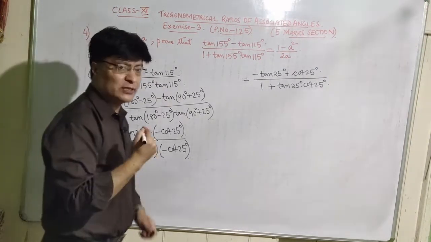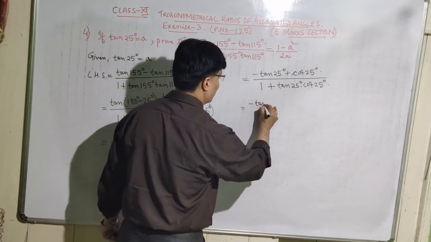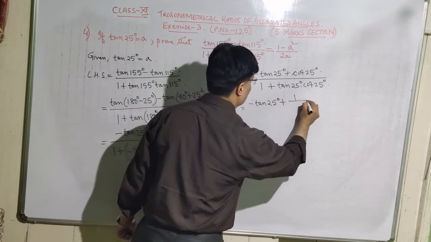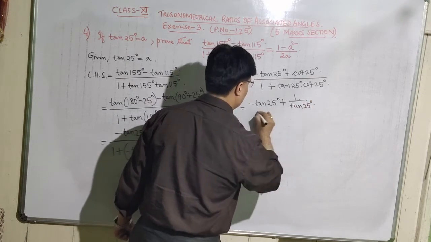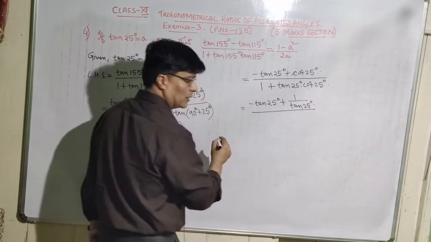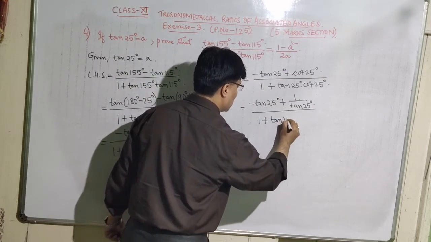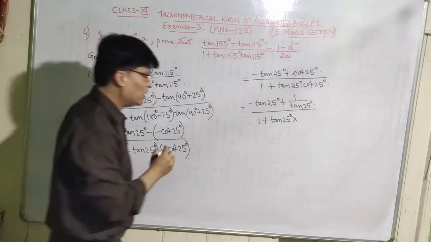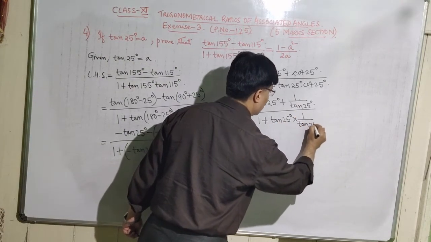So let us convert this cot into tan. It is minus tan 25 degree plus 1 upon tan 25 degree, divided by 1 plus tan 25 degree into cot 25 degree, which is 1 upon tan 25 degree.